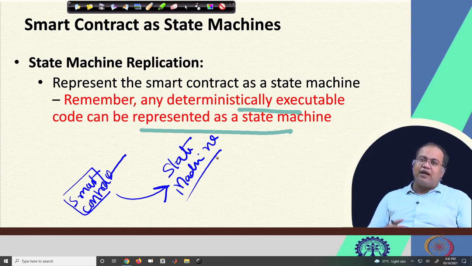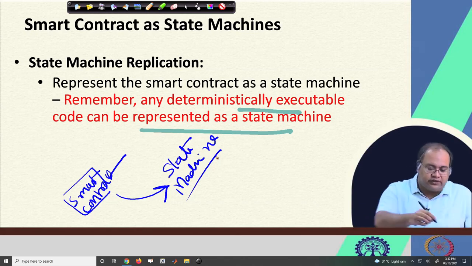So, let us see further how we can apply state machine replication for achieving this blockchain consensus.